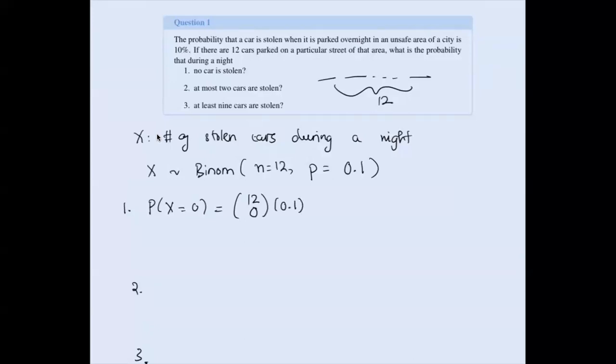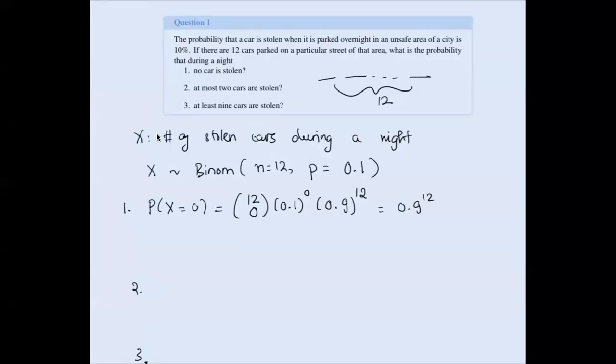And then 0.1 is the probability that a car gets stolen. We have 0 cars stolen, and the other cars are not stolen, and the probability of not getting stolen is 0.9. It applies for 12 cars. So this would be the final answer for part 1.